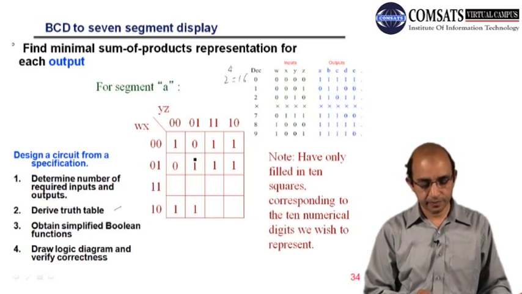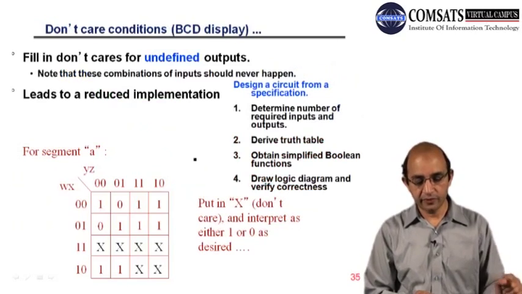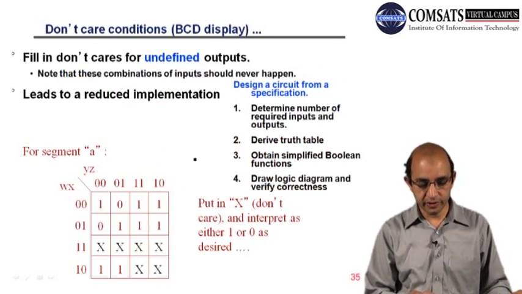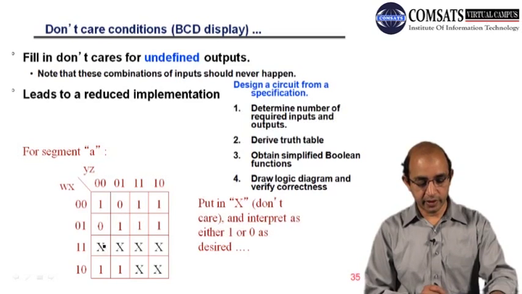Before going to the simplification, what we have done over here is introduce the don't care conditions. This is a step that is already added in the simplification procedure. Here you draw the truth table, and then you introduce the don't care conditions.